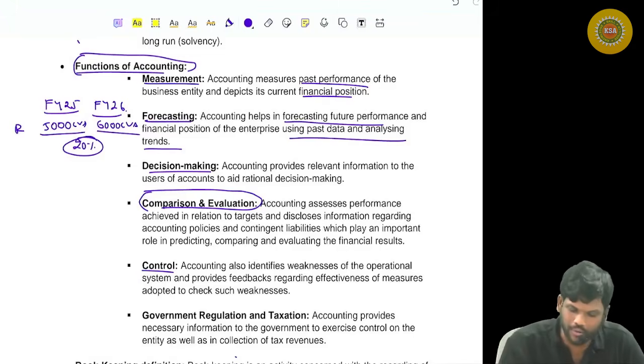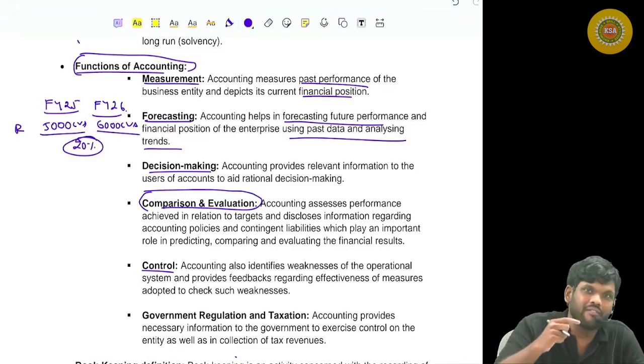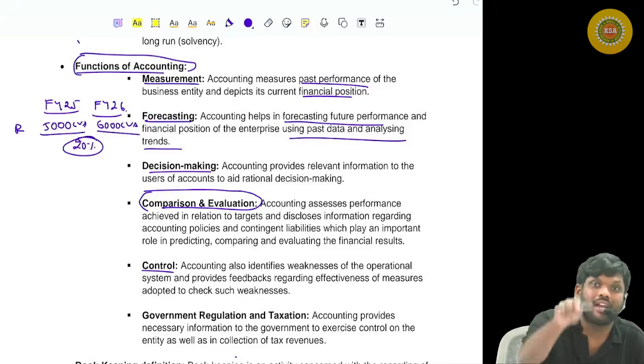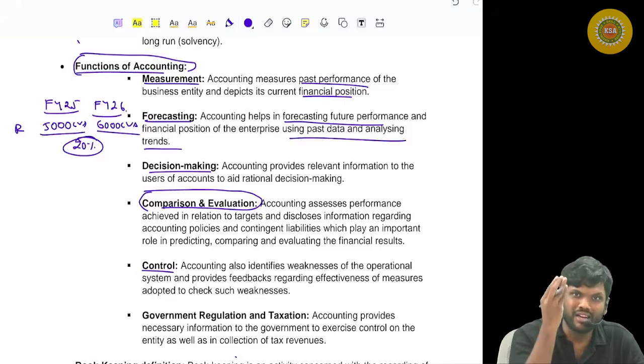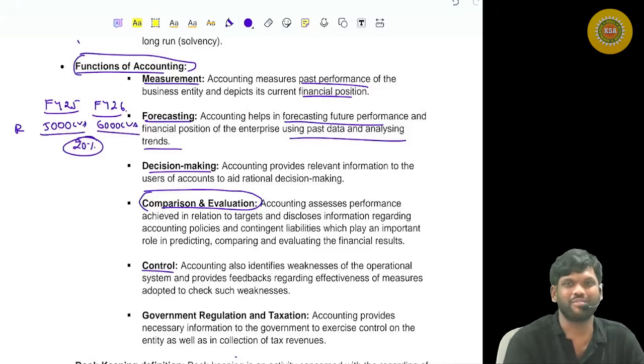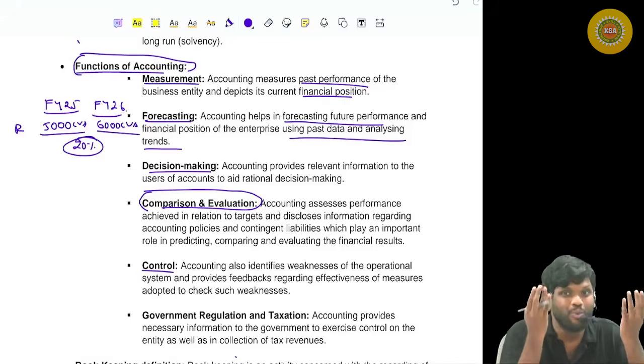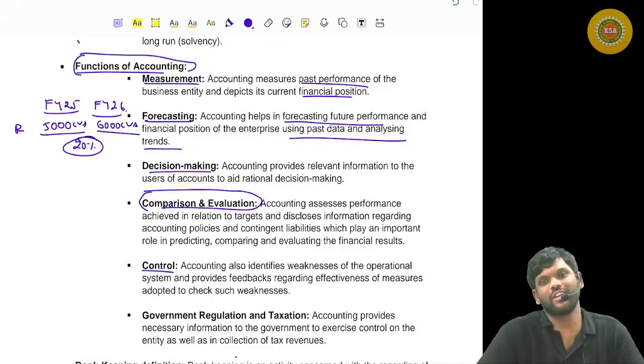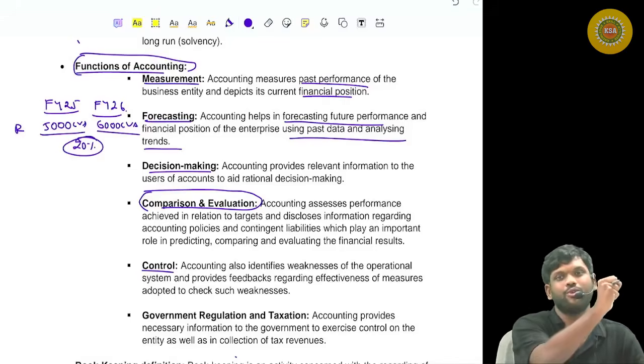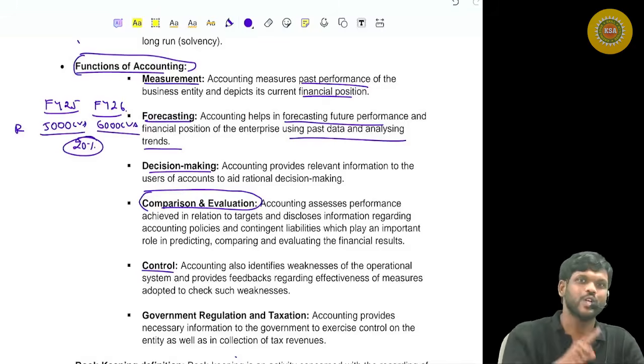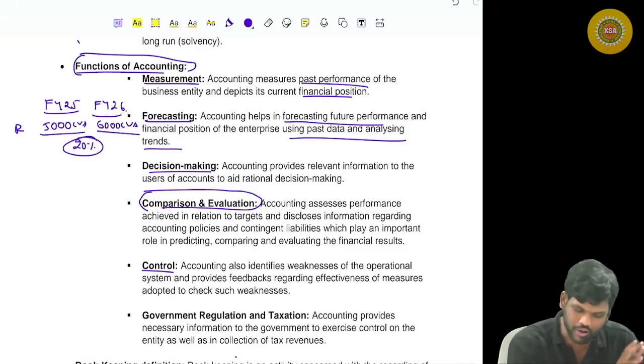Exercising control means identifying wherever there is a weakness in your company in financial terms. To find out that weakness, you will need financial data. Who will give that financial data? Accounting will give that financial data. So only when you know the weakness, you can control that weakness. So that control is also possible only because of accounting.